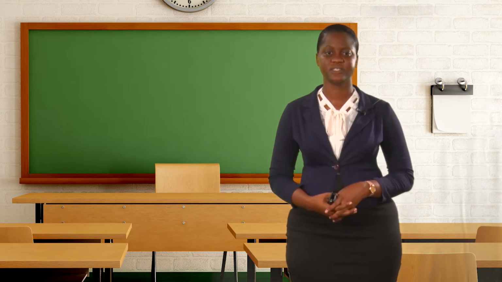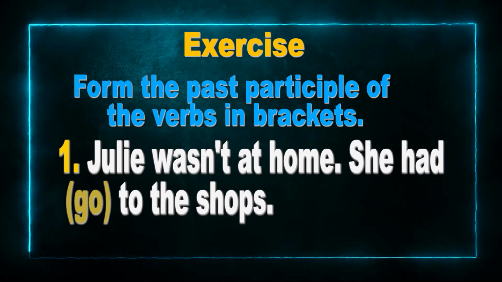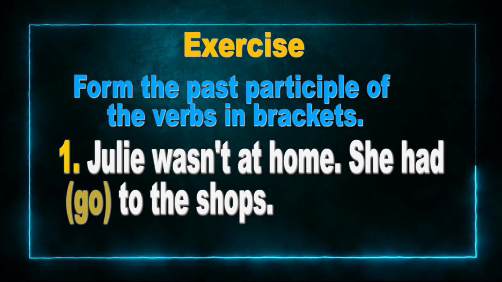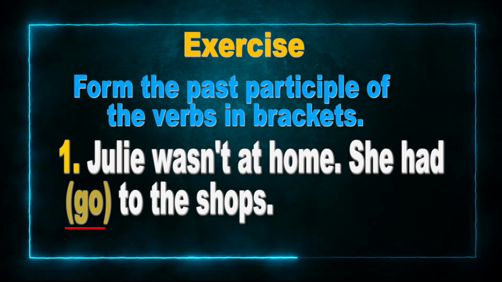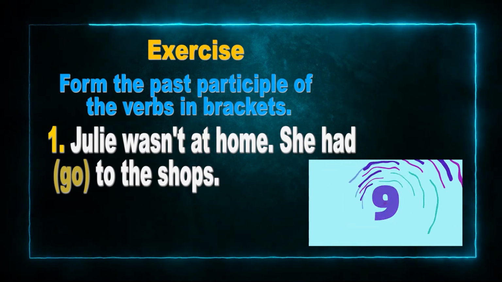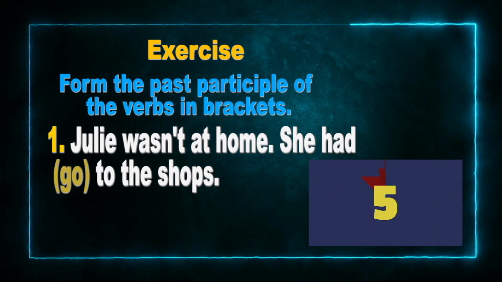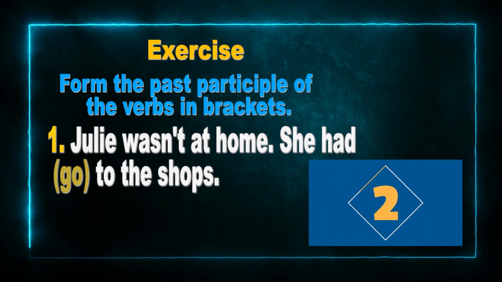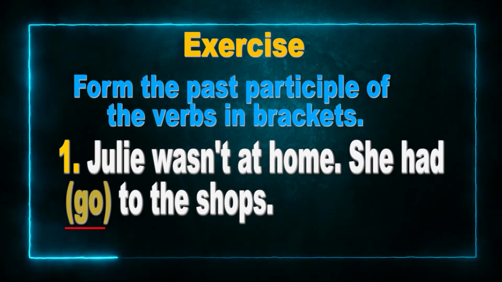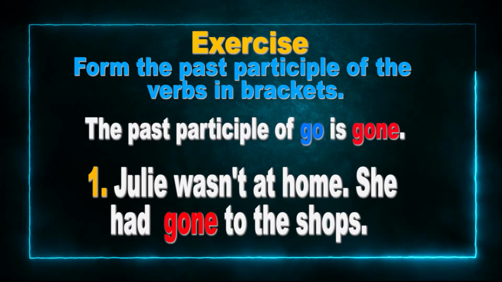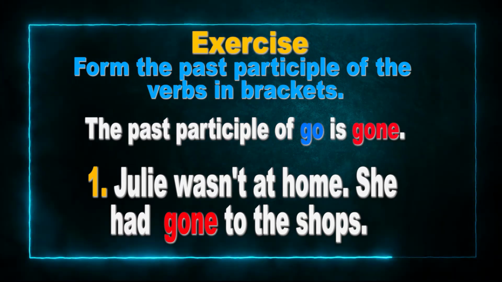The first one reads, Julie wasn't at home. She had something to the shops. We need to form the past participle of go. Yes, the past participle of go is gone. And so the sentence would read, Julie wasn't at home.